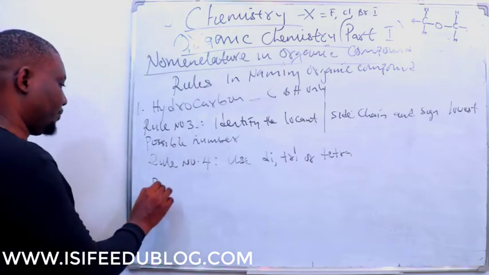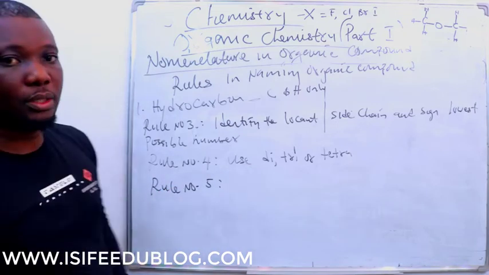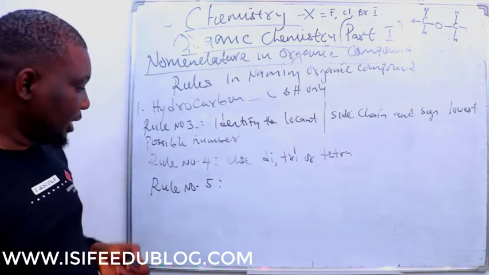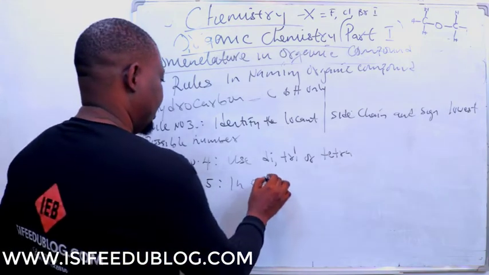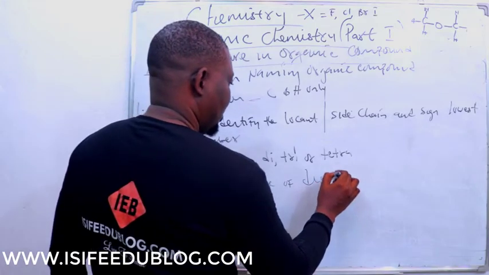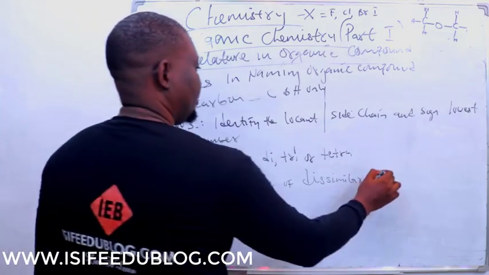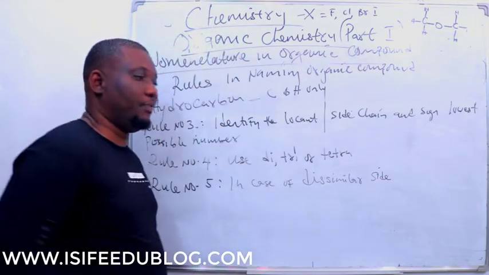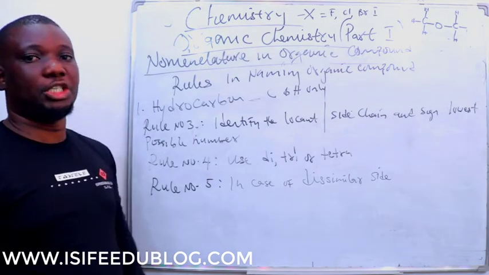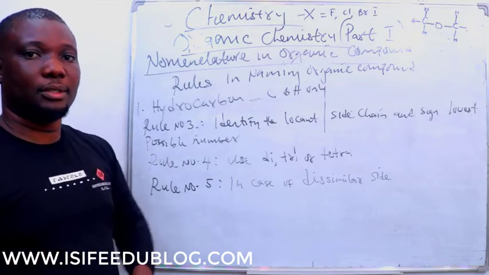Rule number 5, which is very important: in the case of different side chains, the naming is done in alphabetical order.